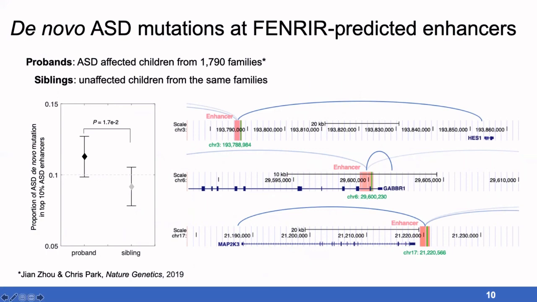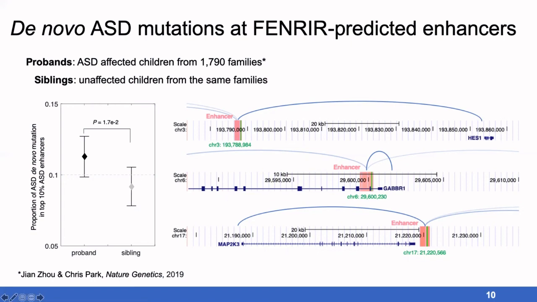Proband means the ASD-affected children, and the sibling is the child from the same family not affected by ASD. We check if we find any significant mutation enrichment in our top predicted enhancers, and we do find a significant difference. I will call it significant, even though the p-value is not crazy low, but we do find some difference.